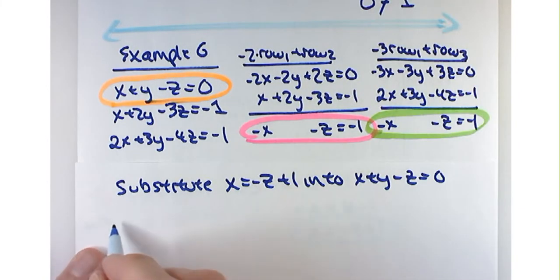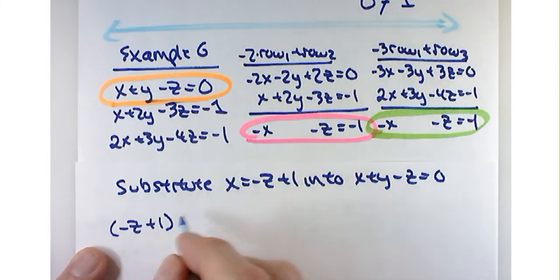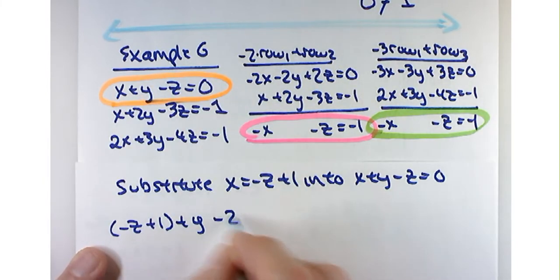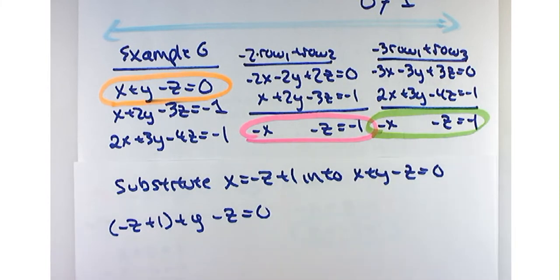So let's see what happens. That's going to be negative z plus 1. So I'm plugging it in for x, plus y minus z equals 0. Are we okay with that little substitution there?